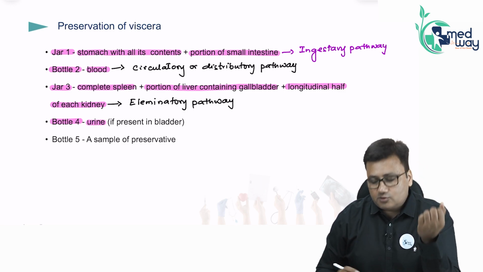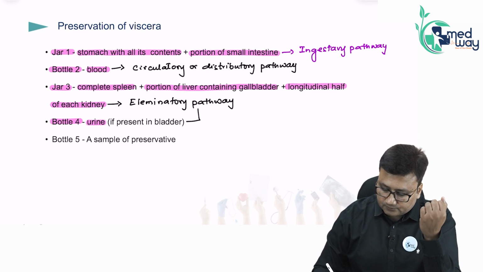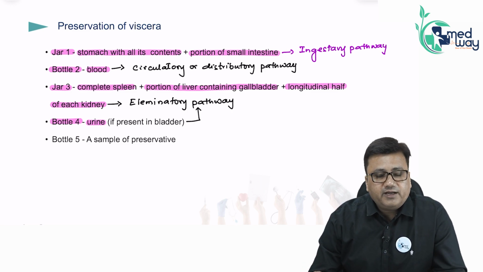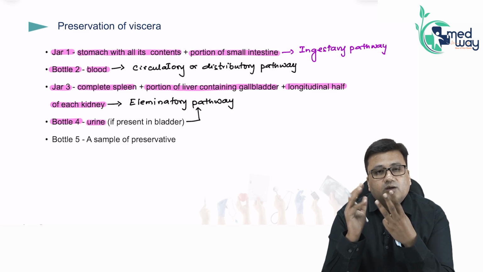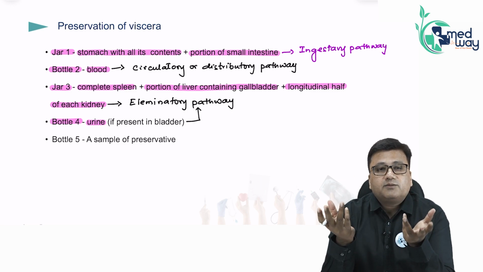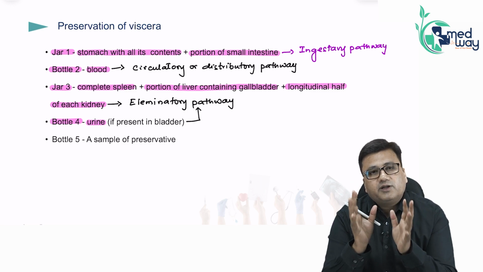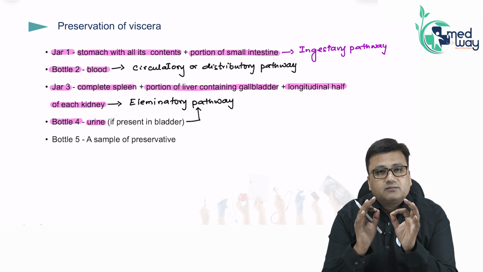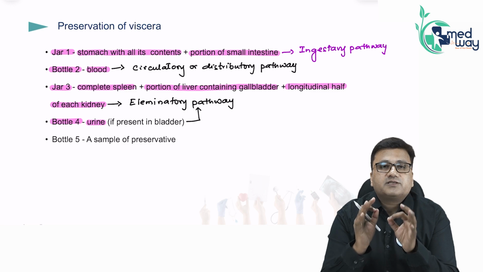It also represents the same eliminatory pathway, right. So, these are three pathways with their representation by various organs and products or fluids of the body, which are packed and sealed when we say we preserve viscera.